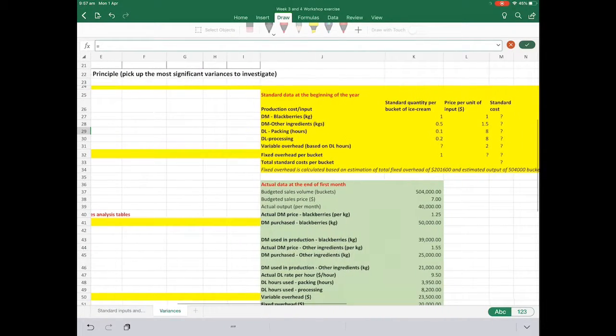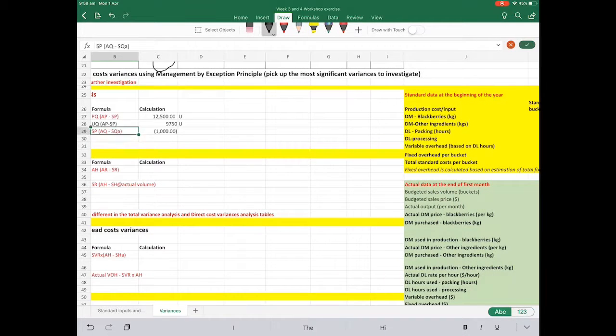The standard price again is 1, times the used quantity, the actual quantity, minus the standard quantity of BlackBerry we should have used to produce 40,000 units. Standard, we use 1 kilogram per bucket of ice cream, and we actually produce 40,000 buckets of ice cream.